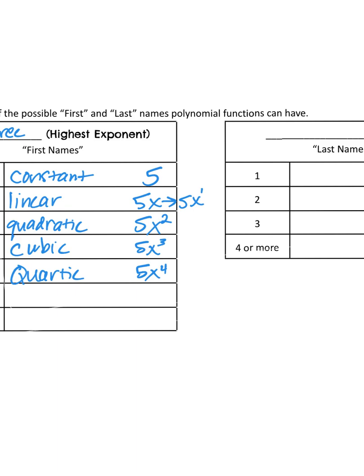If the largest exponent is 5, we call it a quintic function. After that, we don't have fancy names. We just call it by its number for 6 or higher. You would just substitute the number in, so 6th degree, 7th degree.